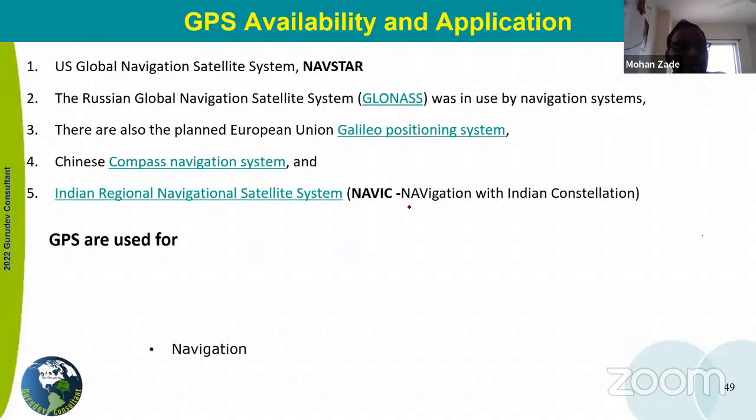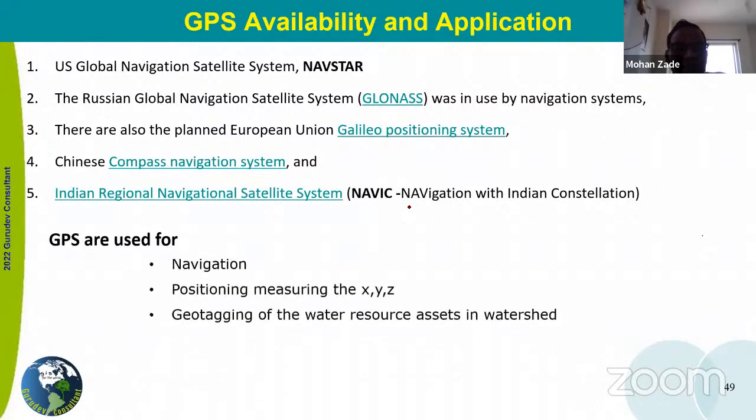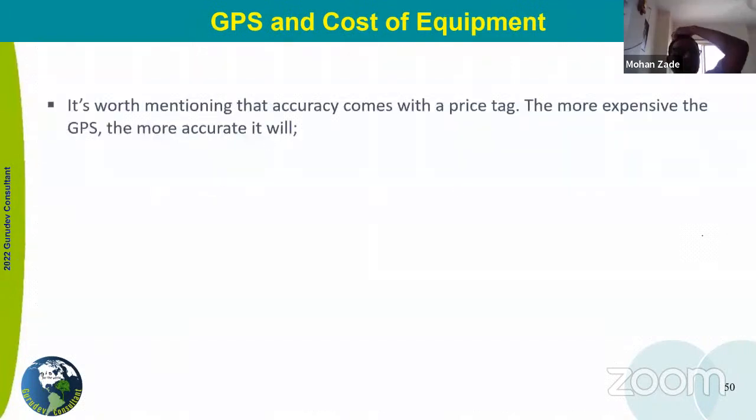GPS is used for navigation as well as positioning and geotagging of water resource assets, ground truthing of crops and land use, and so on.